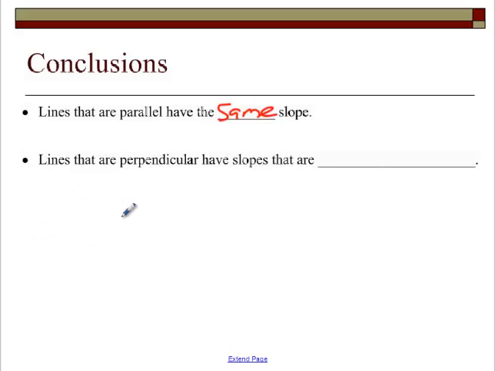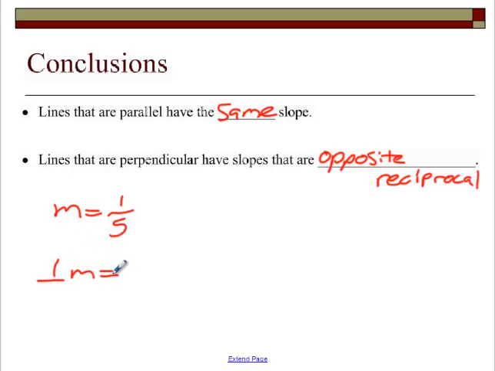Lines that are perpendicular, think back to Algebra 1, they have the opposite reciprocal. So perpendicular slopes, if m was 1/5, the perpendicular slope is flip it and switch it.